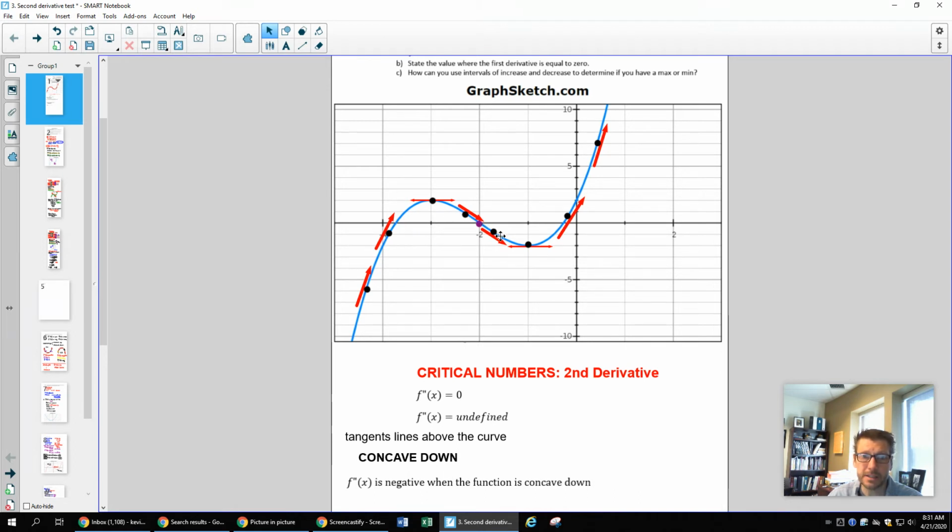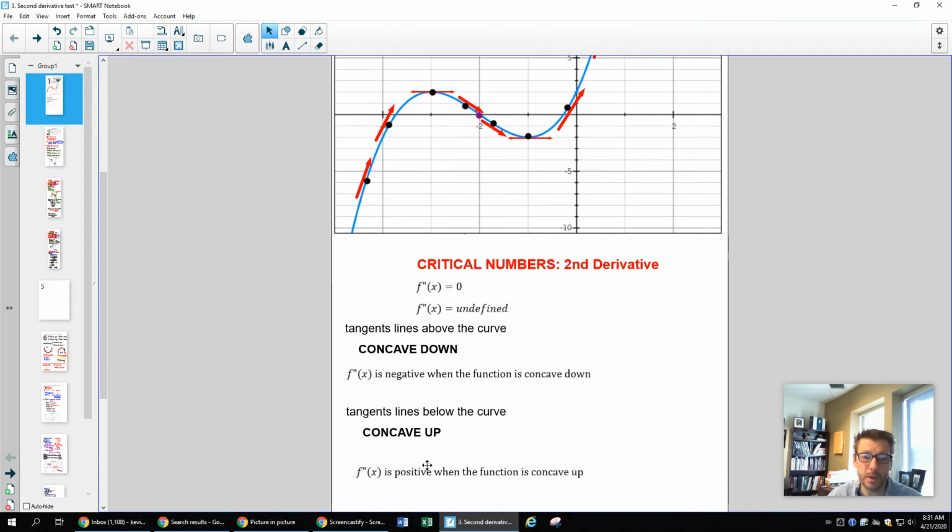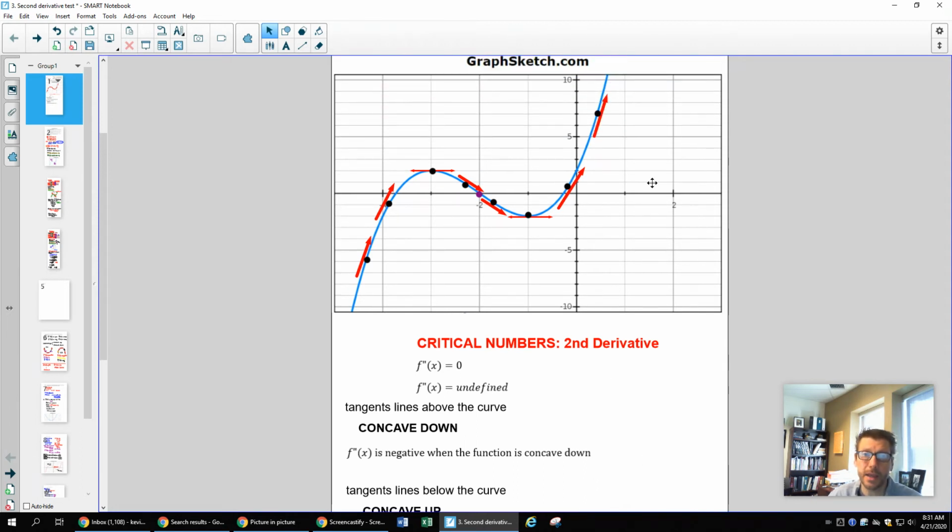And on this side, where the tangents are all pushing up, where it's concave up, the tangents are below the curve, we're pushing up. That's always the case when your second derivatives are positive. So if you have a positive second derivative at a point, right here where your slope is zero, you can use those thoughts to tell you that's going to be a minimum value, because you're concave up with a zero slope.